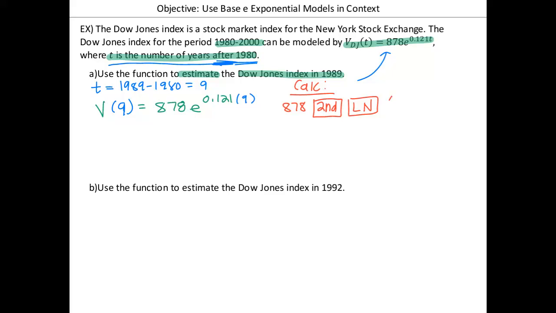So you have the parenthesis, and then you have to plug in the exponent. So my exponent here is the 0.121 times 9. So I put 0.121, and then times 9, close the parenthesis, and press equals. So this is how you plug it in the calculator. 878, second ln, gets you the E, and then it automatically opens the parentheses, so the exponent is 0.121 times 9, close the parenthesis, and then press equals.